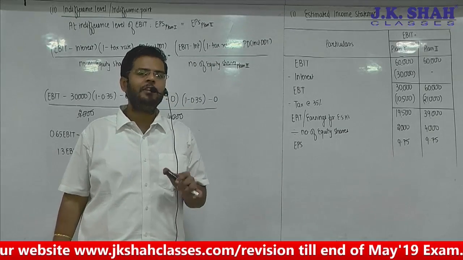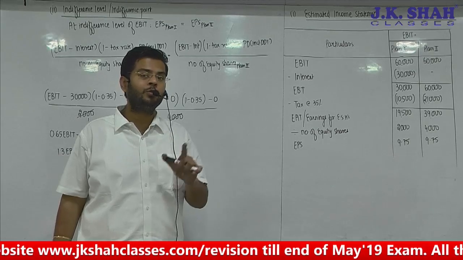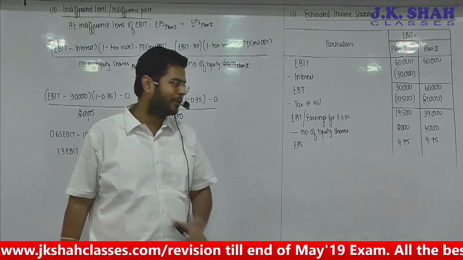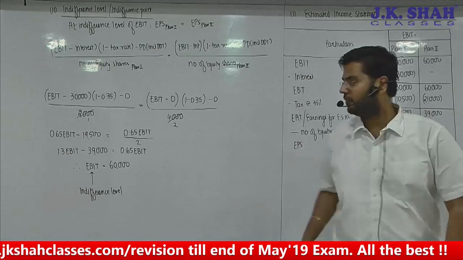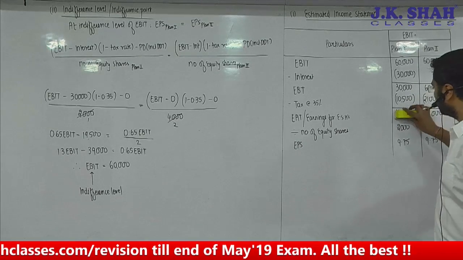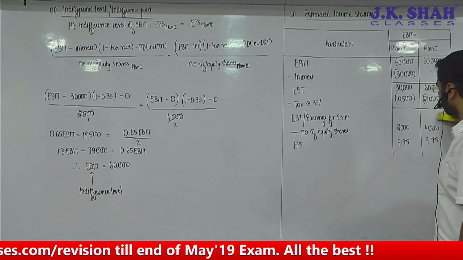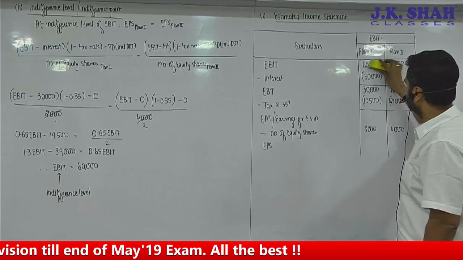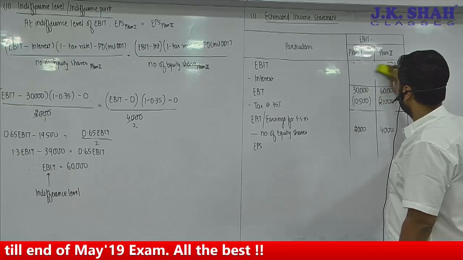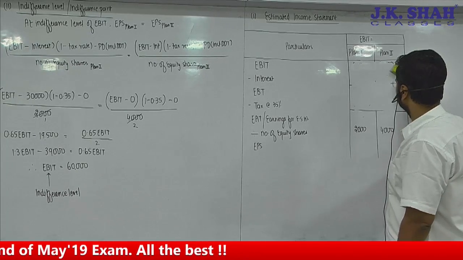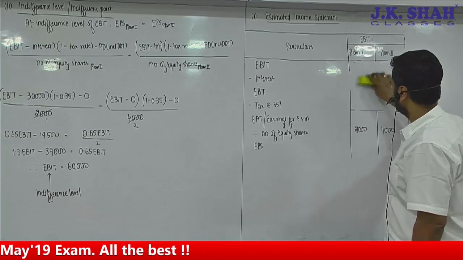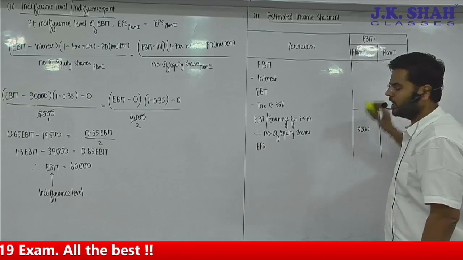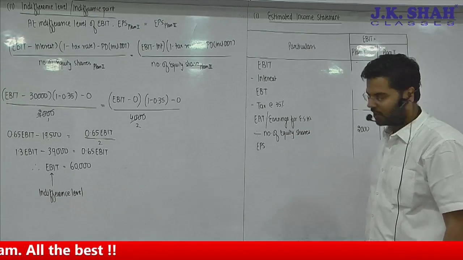So break-even would be no profit, no loss to whom? To the equity shareholders. That means my objective here will be to have earnings of how much? 0. Because if you have 0 earnings, then we would say that we are at no gain, no loss. And we need to find that level where the equity shareholders are at no gain, no loss.